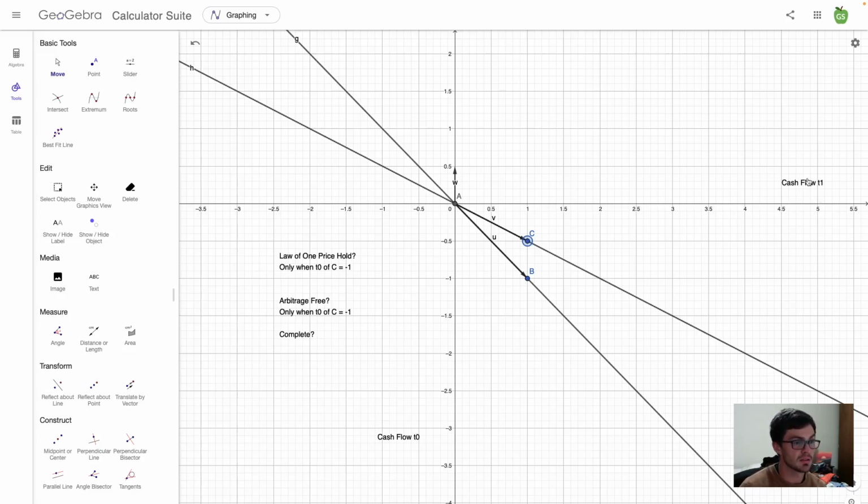In most cases and in future videos, there's going to be two different states at time 1. You can think of a stock as having an up state and a down state. That will give us another dimension, and that will show you a market that's incomplete.